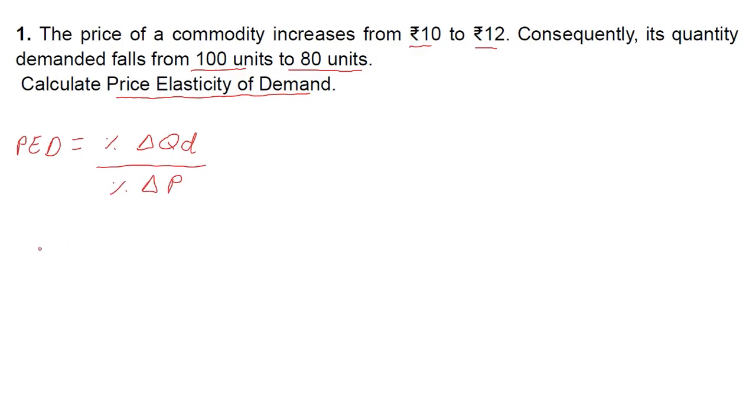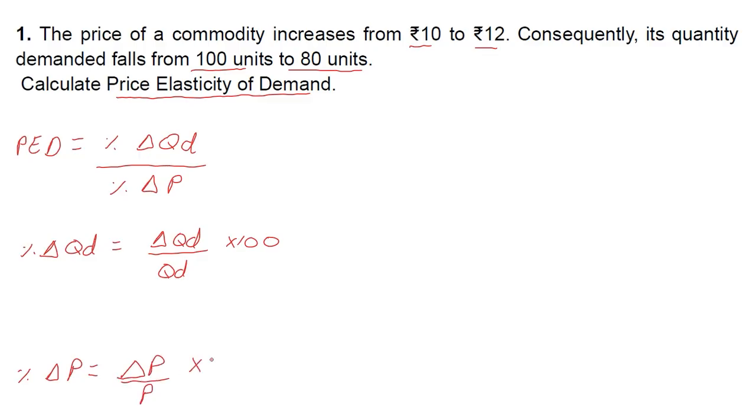And that itself subdivides into percentage change in quantity demanded, which is change in quantity demanded upon original quantity demanded into 100. And similarly, percentage change in price is going to be equal to your change in price upon original price into 100.